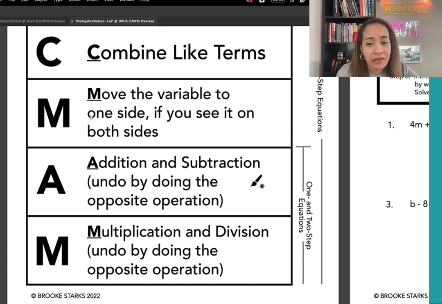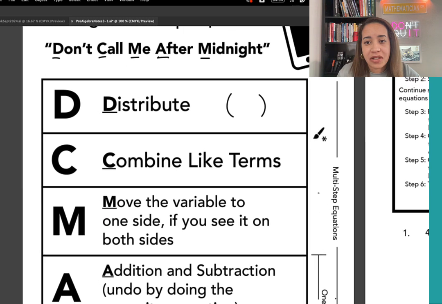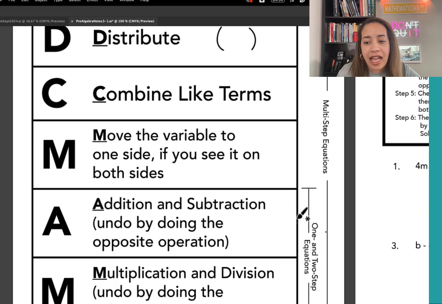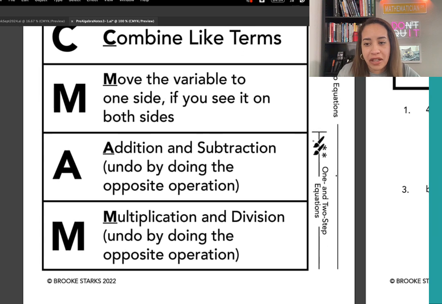We know from Math Foundations, when you were working on two-step equations, that we always undo addition and subtraction before we undo multiplication and division. So you'll notice that these steps towards the top are new to us, but these last two steps are familiar from Math Foundations.